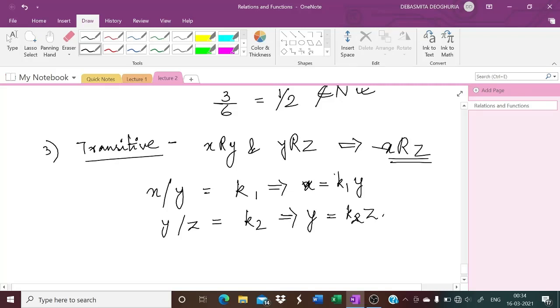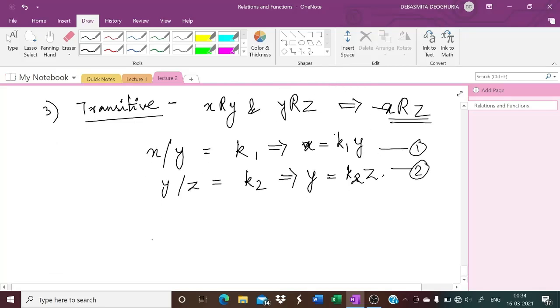Now this is my equation 1, this is my equation 2. Now see, if I put the value of y from equation 2 in equation 1, it will be k1 k2 z. So it would be k1 into k2 z, which would be k3 into z.